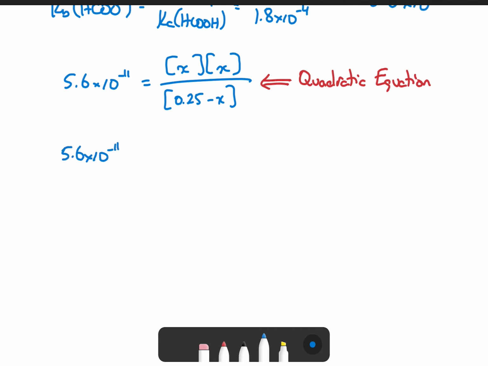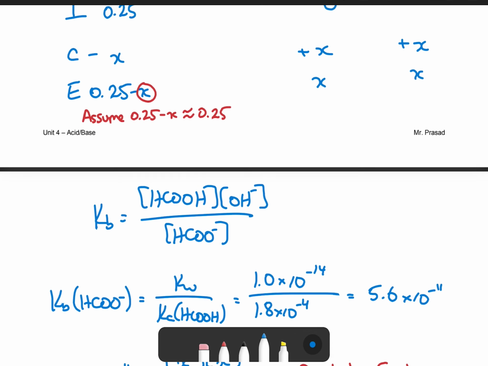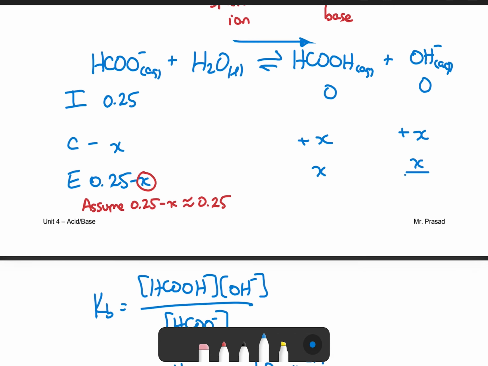Bringing this back to our question here, this will simplify to x and x divided by just 0.25, and going ahead and solving for x to 2 sig figs, x works out to 3.7 times 10 to the negative 6.